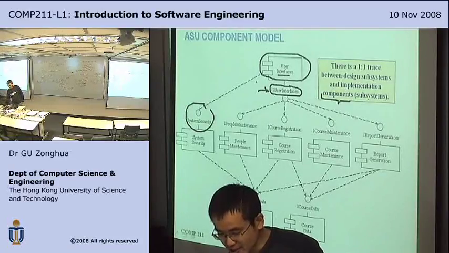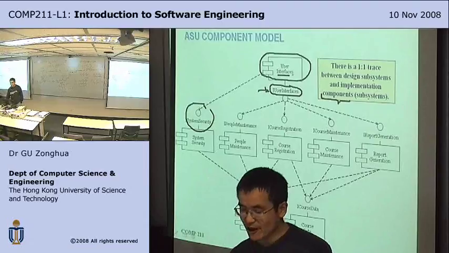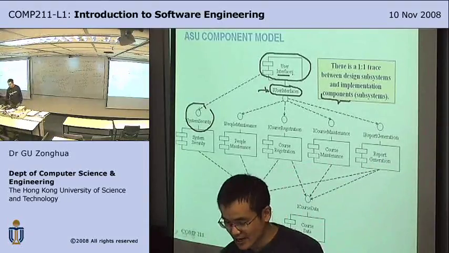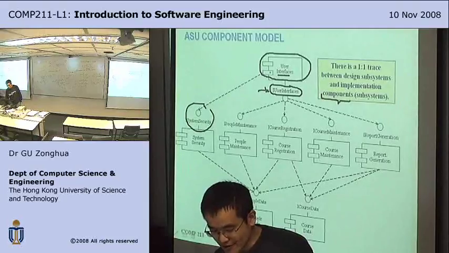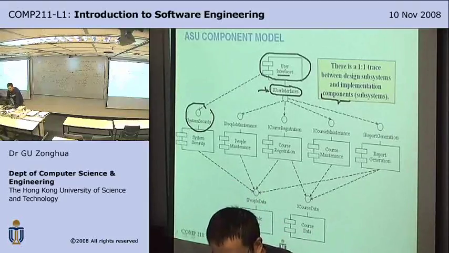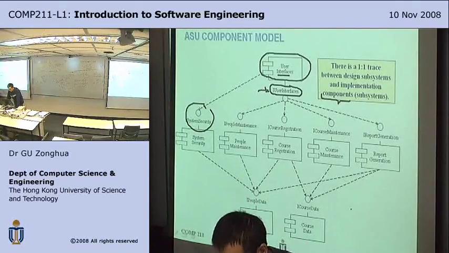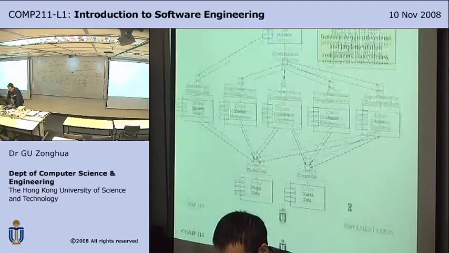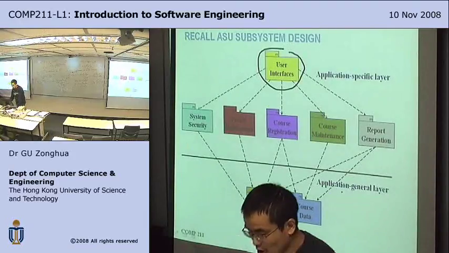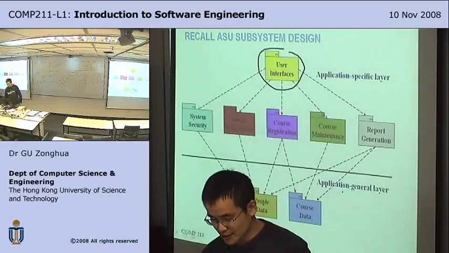but the dependency originating from a subsystem doesn't have to originate from the interface. That is, you can point from the internal of the user interface subsystem into the public interface of the security subsystem. So the connections also have one-to-one correspondence with the design model subsystem connections.